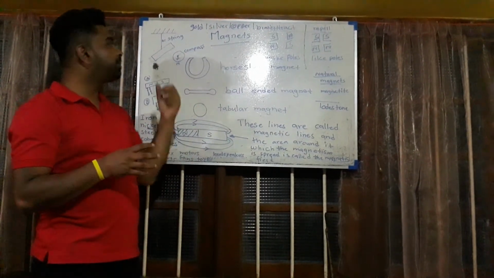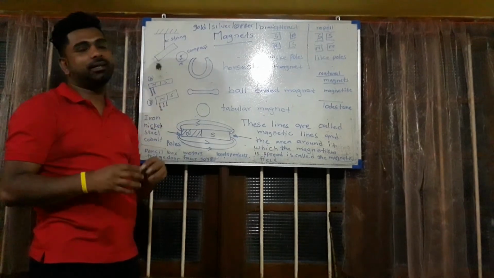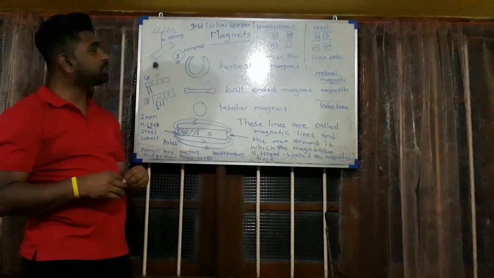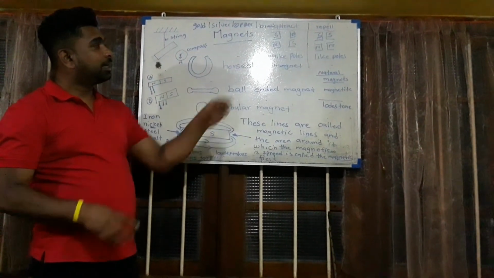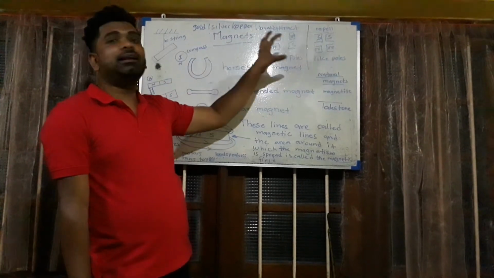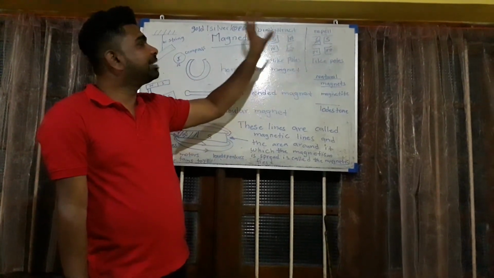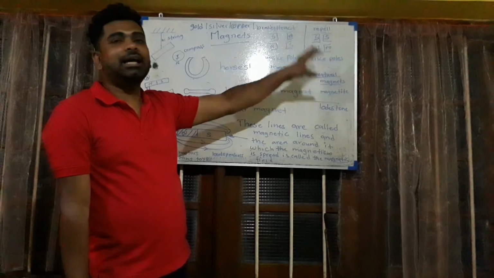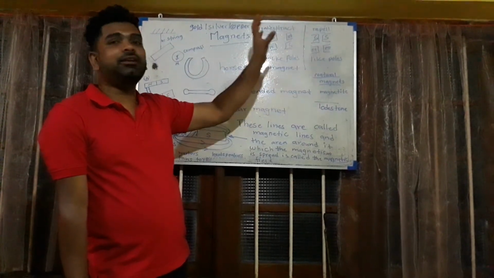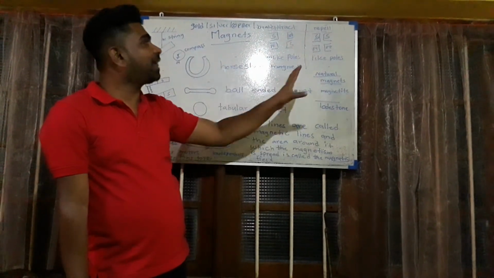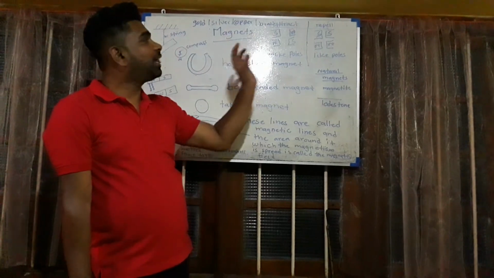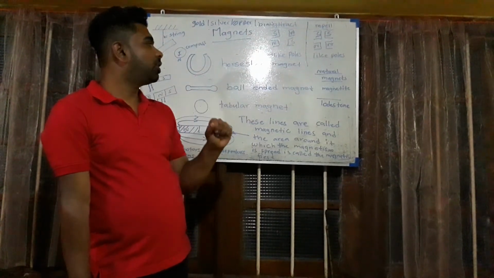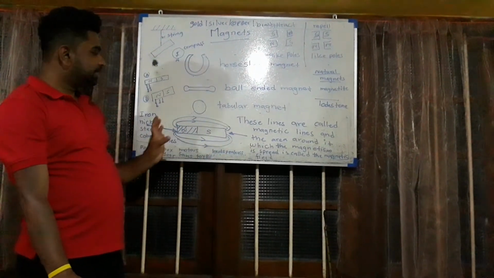We use the compass to find the north direction, right? Unlike poles will get attracted, but like poles will not get attracted. They will repel. Okay children?